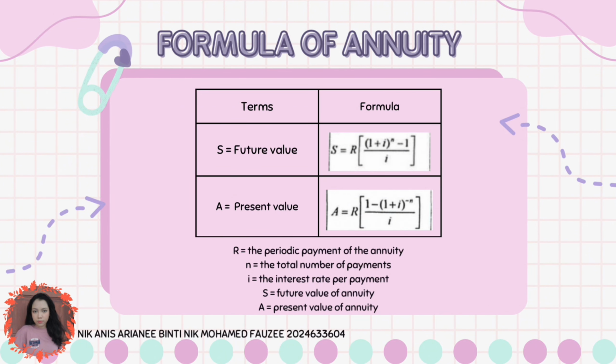So the formula is A equal R open bracket 1 minus open bracket 1 plus I close bracket the power of negative n over I close bracket, whereas R is the periodic payment of the annuity, small n is the total number of payments, I is the interest rate per payment, S is the future value of annuity, and last but not least, A is the present value of annuity.